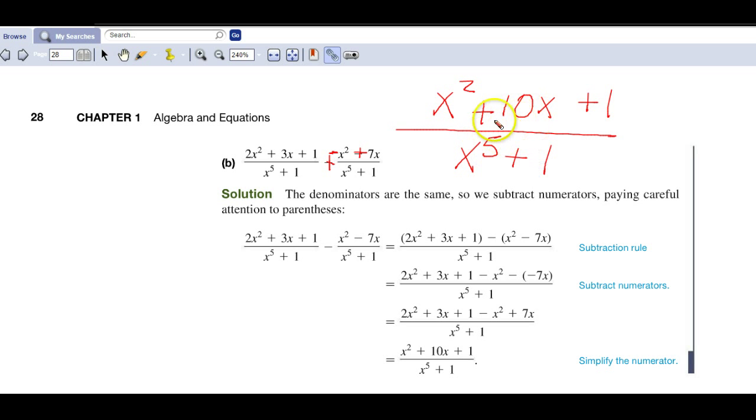Now I've seen students in Math Lab, they'll do the addition of the numerator, but then they forget about putting it over the common denominator, and of course Math Lab counts it wrong. Don't leave out the denominator. Okay, and that's what they're showing here in some detail.